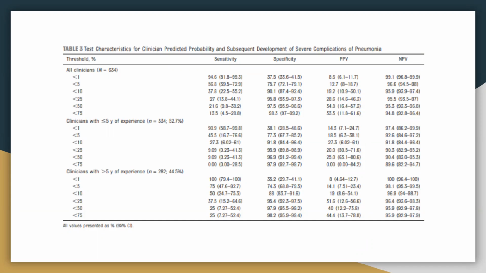If you have moderate suspicion, does that move the dial to where it becomes more accurate? And that's where you get into writing guidelines like we have for sepsis, for serious bacterial infections in infants and things like that.